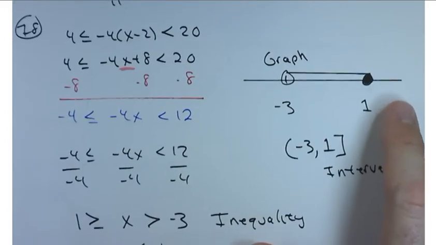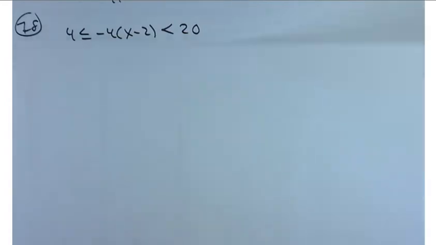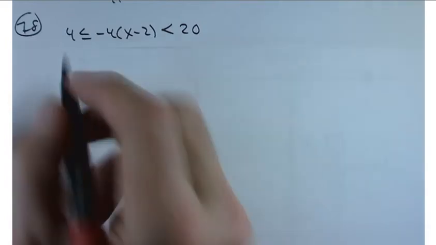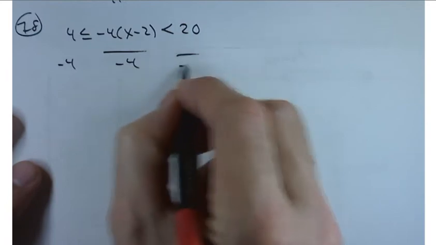If we decided to, after we distribute it, just divide the whole thing by negative 1 to get the x positive, would that work too? Sure. If you roll back the tape or you're watching this online, you can roll back. I said most people solve this by distributing the negative 4. But a different way you could have started this is just to divide everything by negative 4 right away.